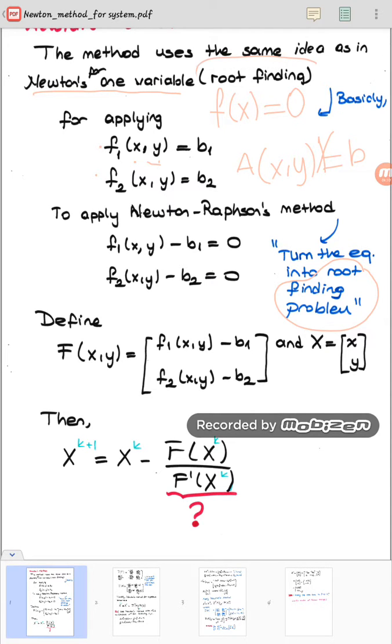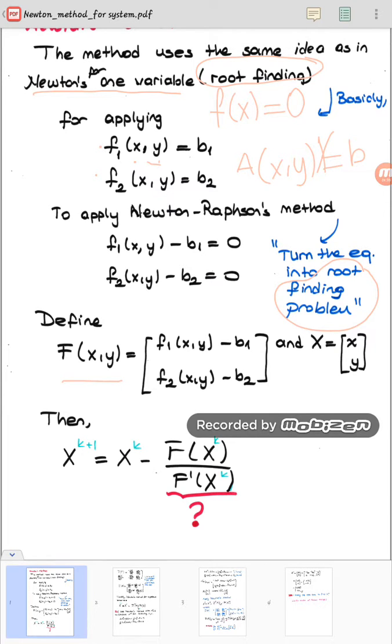Now we continue by defining f of x, y. From now on we have defined just the notation, just writing other notations to understand it. Do not confuse them with these things, because now we are just doing a rearrangement by giving some definitions.